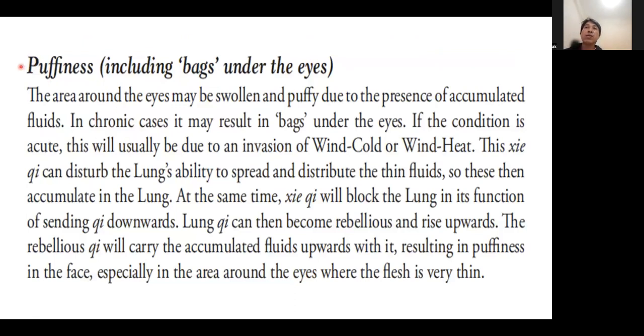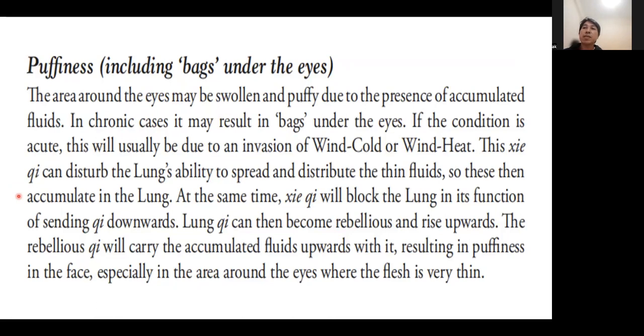Puffiness, including bags under the eyes. The area around the eyes may be swollen and puffy due to the presence of accumulated fluid. In chronic cases, it may result in bags under the eyes. If the condition is acute, it will usually be due to an invasion of wind cold or wind heat. This can disturb the lung's ability to spread and distribute the thin fluid, so this then accumulates in the lung.